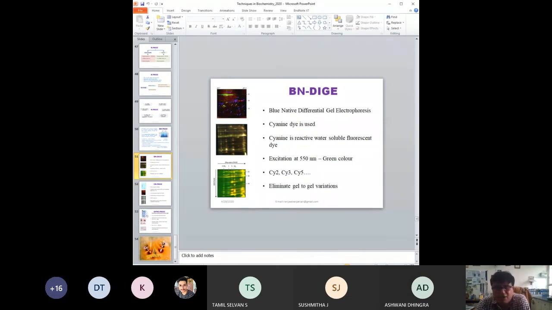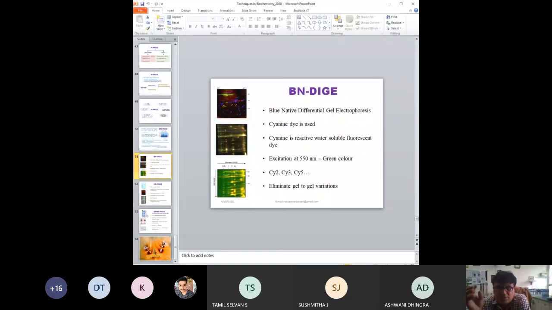There are different formulations of cyanine available, and on excitation they give different colors. Like one excites at 550 nm and gives a green color, and then we have different types of cyanine denoted as Cy2, 3, 5, 8, 10 like this, and each has a different excitation color. Since these are water-soluble fluorescent dyes, you can easily use them for labeling the protein.